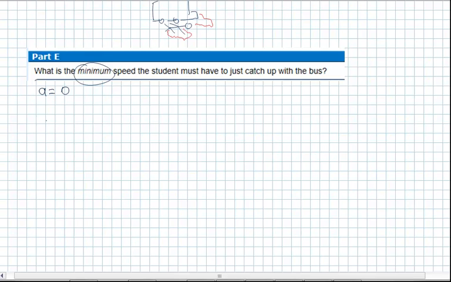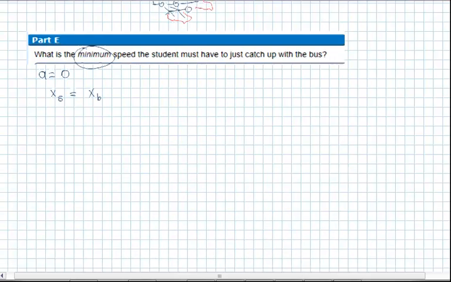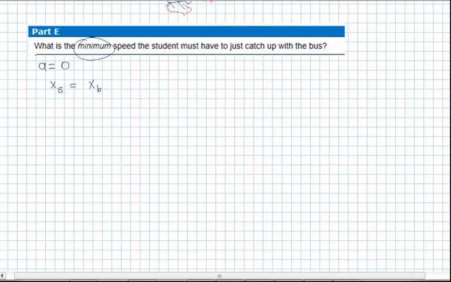So I am going to resort to our original equation in which we were comparing Susie's final position with the bus's final position. Why is this important? Because Susie's speed still needs to be dependent on the bus, because the bus is moving. So we always have to have that in our equation. The bus information needs to be part of the process.